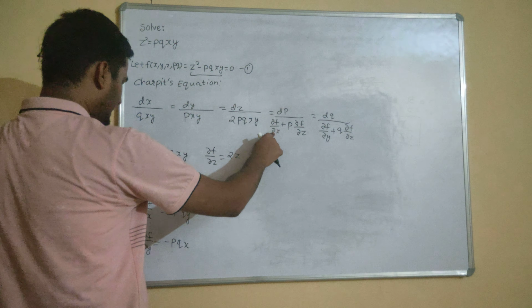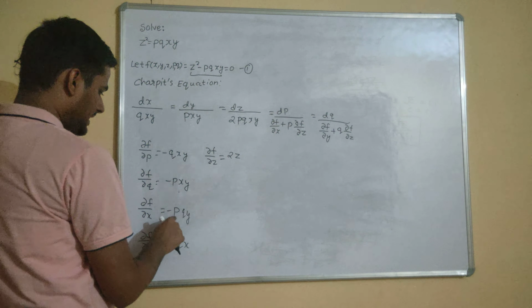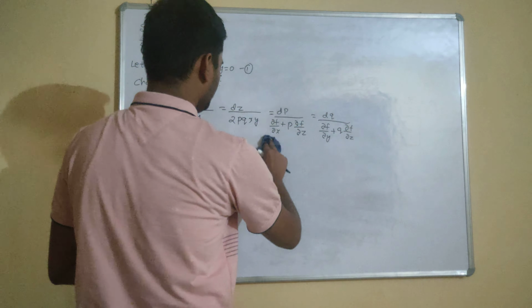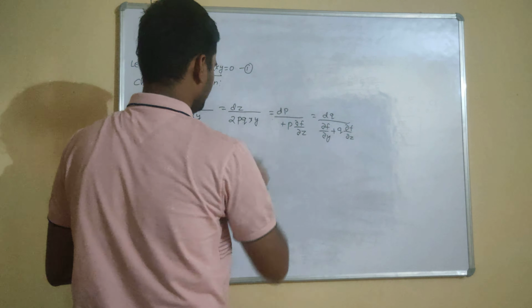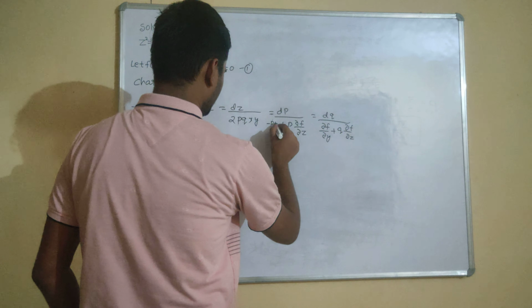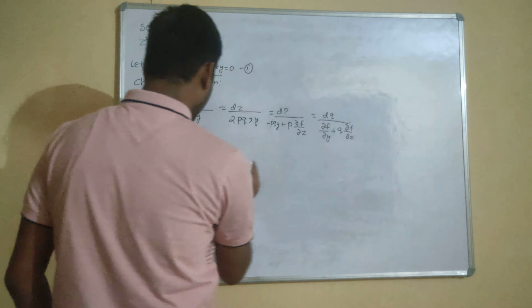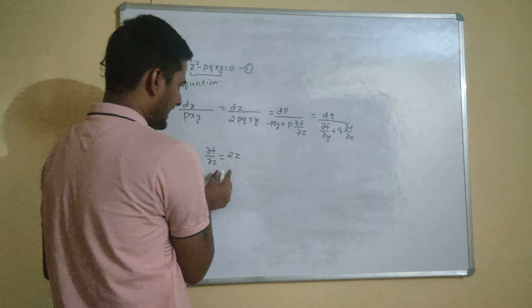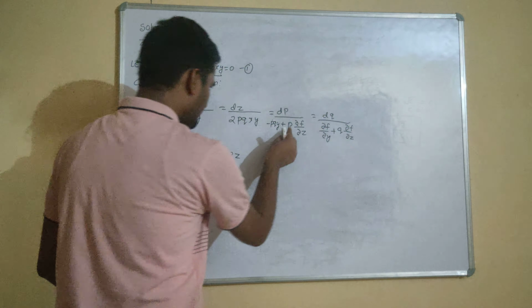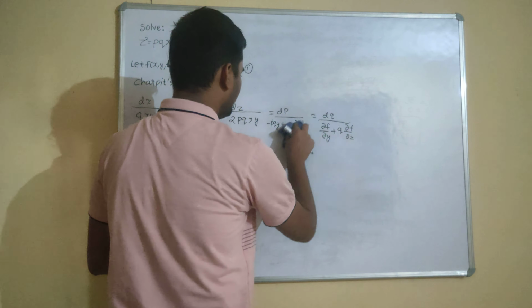Coming to this, del f by del x is minus pqy, del f by del z multiplied by 2z. So this is 2z multiplied by p, so 2pz.